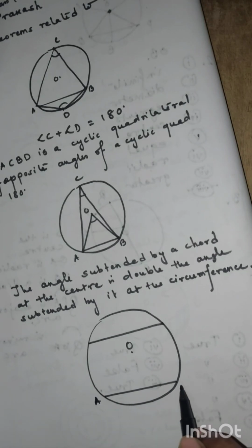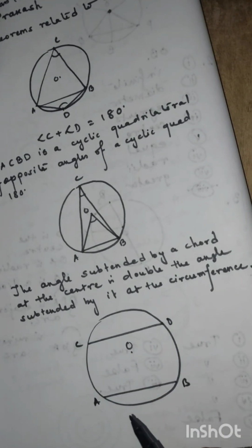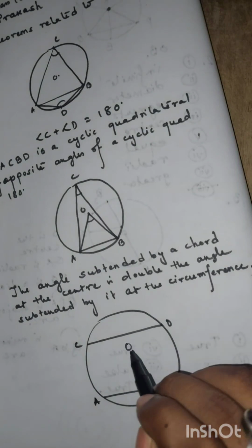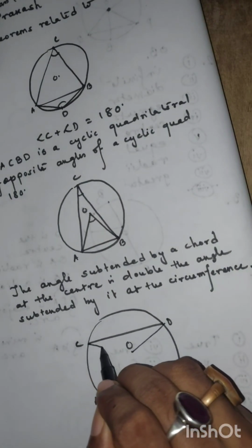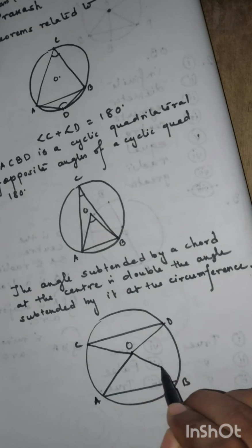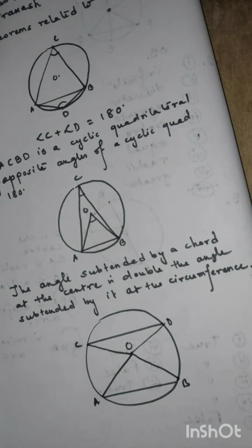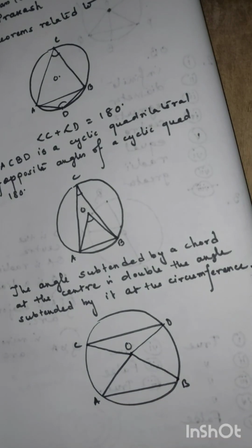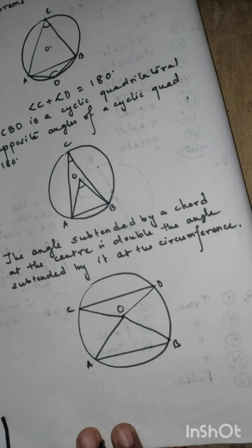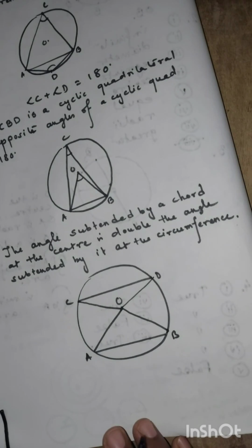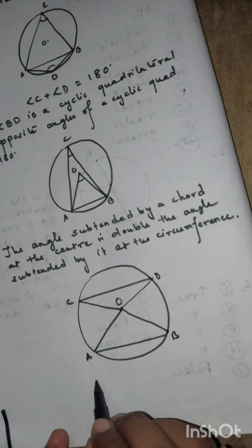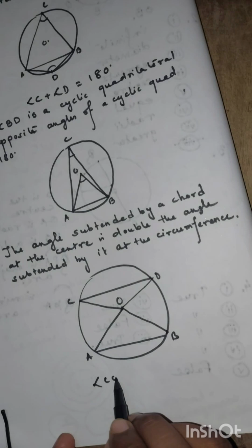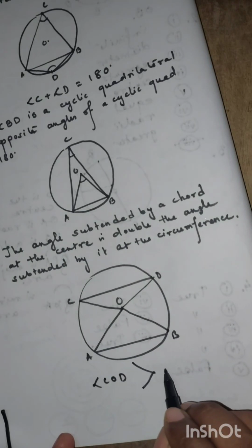Let AB and CD be two chords. One chord is closer to the center than the other. Then if we draw a circle and measure the angles subtended by these two chords at the center, we get that angle COD is always larger than AOB.